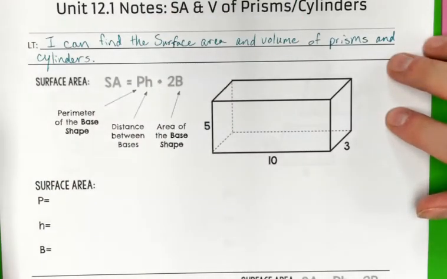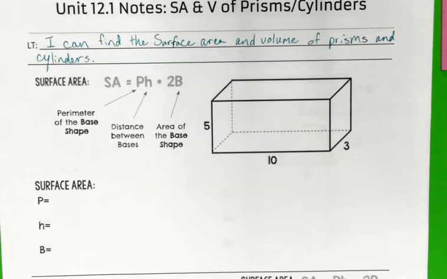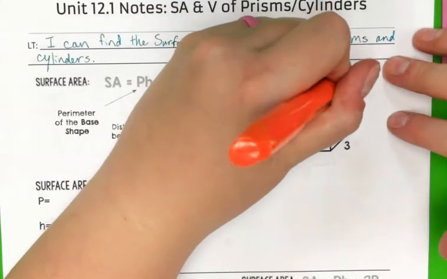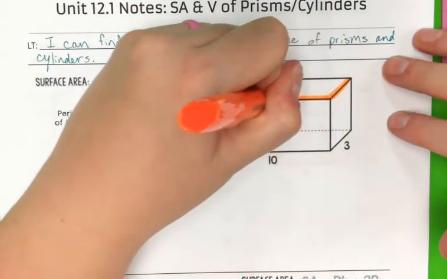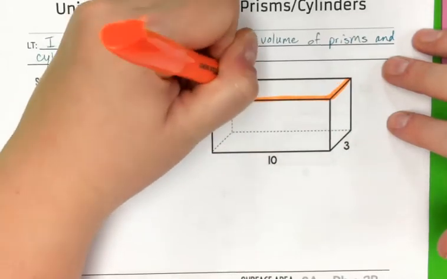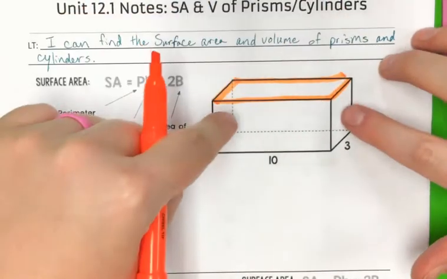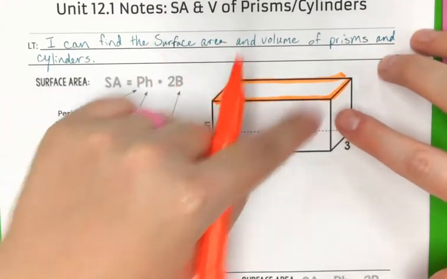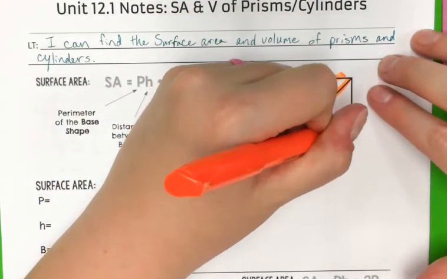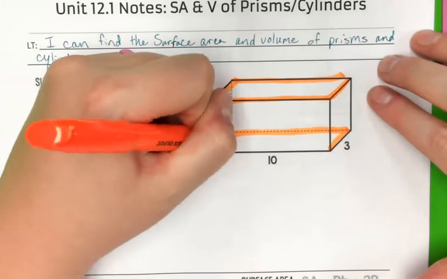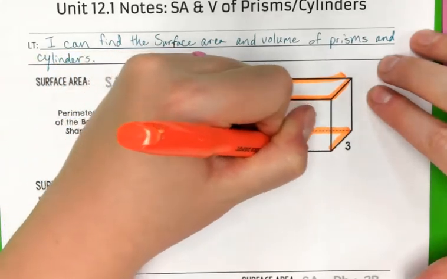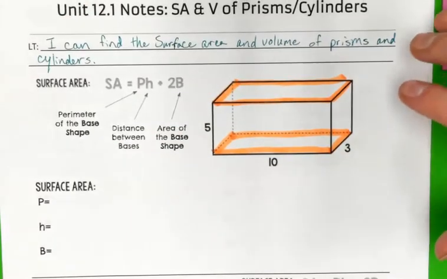With a rectangular prism, you can actually pick which ones you want to be the base, which is kind of crazy. I'm going to choose the top and the bottom, but if you would like, you can choose different ones, like the two sides or the front and the back. But I have chosen the top or the bottom. I just like to do the top or bottom for rectangular prisms.